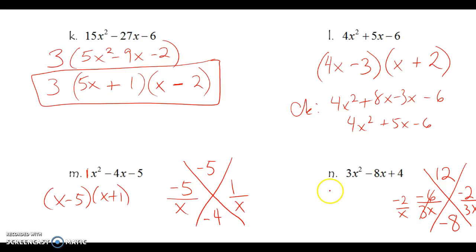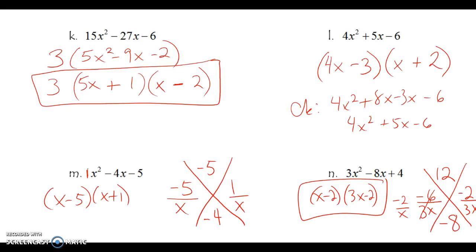So your factors would be x minus 2 and 3x minus 2. So check it. 3x squared minus 2x and minus 6x is minus 8x, and then plus 4. So that is correct.